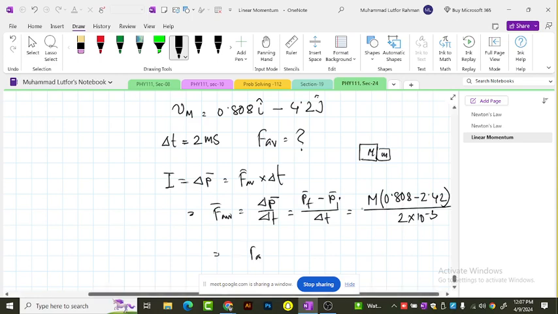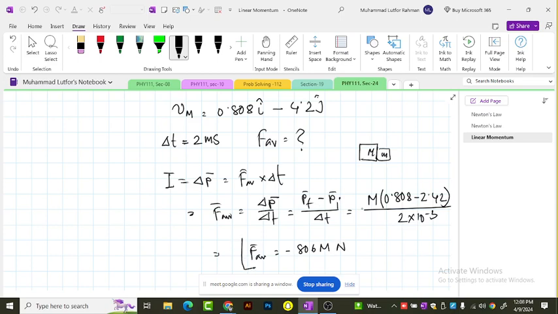I do not know what that part is, so let me do that calculation. It should be 0.808 minus 2.42 divided by 2 into 10 to the minus 3. Oh god, minus 806 m.